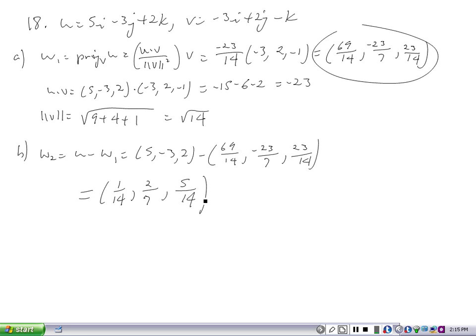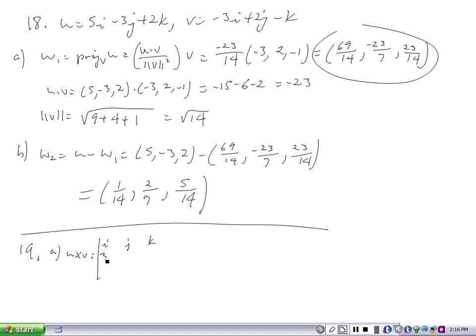Now number 19, let u and v be two adjacent vectors. Calculate a vector perpendicular to u and v. That's just the cross product. So part A is just u cross v, with i, j, and k.